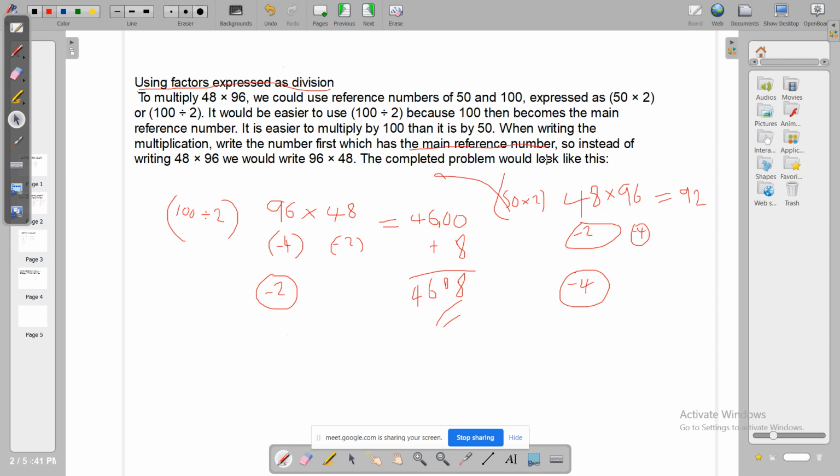The only way to make it easy for you is you can add your 2, because you know half of 50 is what? 100, right? So if you do like this, divide by 2. Because here will be difficult for you, so you can just make it 100 divided by 2, which will give you this.